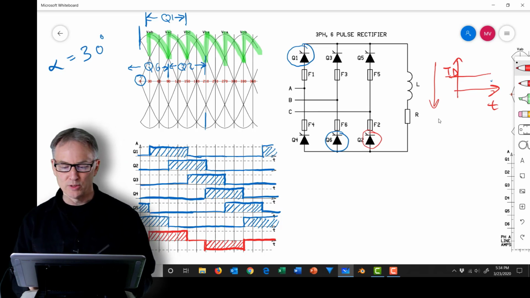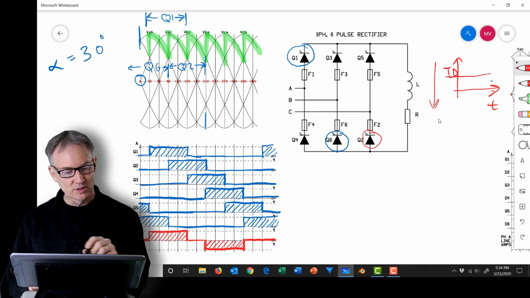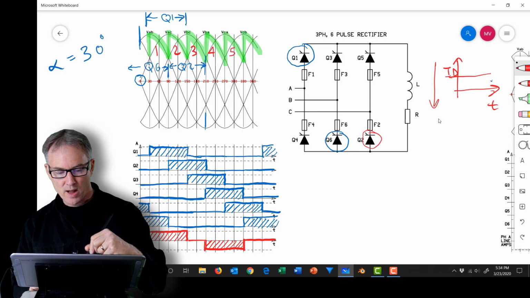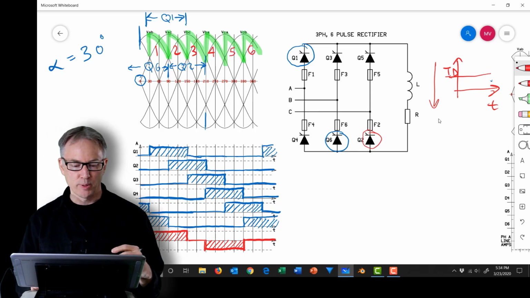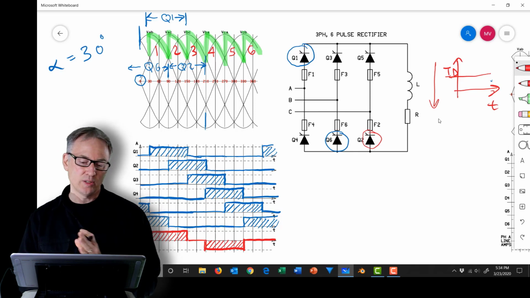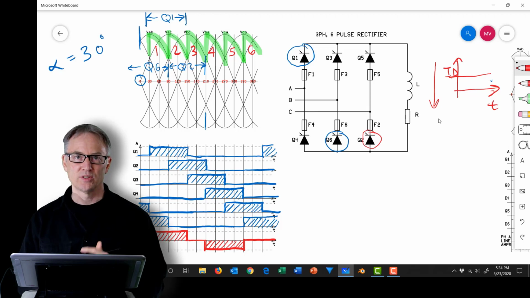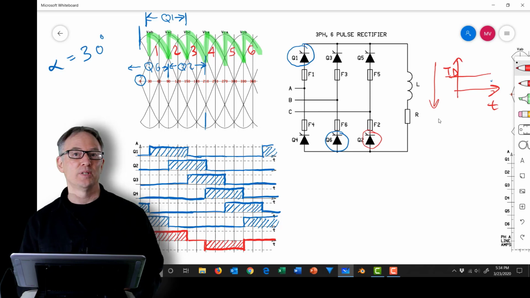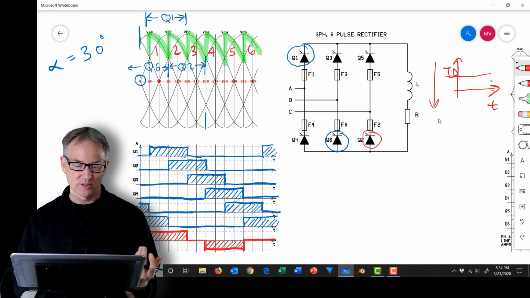And you guys should know at this point in time that if you look at this waveform, we have 1, 2, 3, 4, 5, 6 symmetric pulses happening in each cycle. So the AC ripple frequency across the DC load is actually 6 times 60 hertz, or 360 hertz. So the fundamental ripple frequency again is 360 hertz at the load, even though the AC line frequency is 60 hertz.